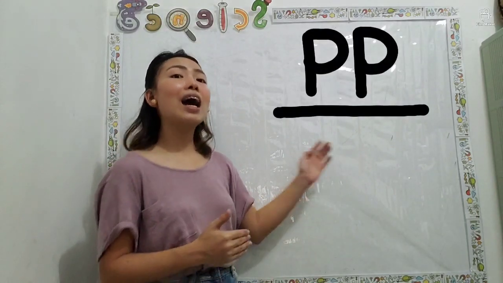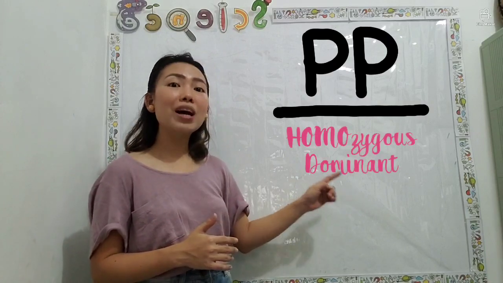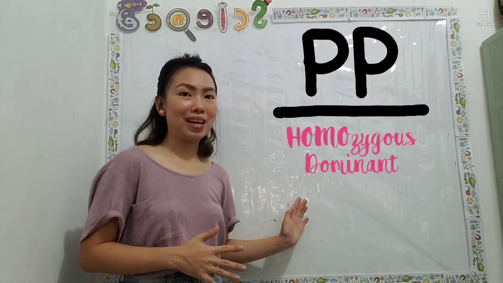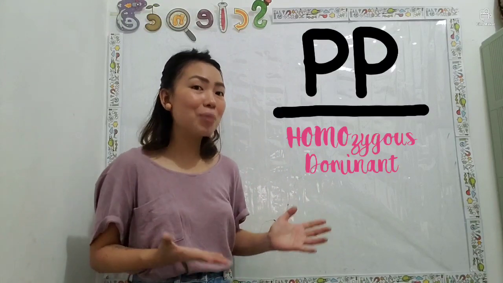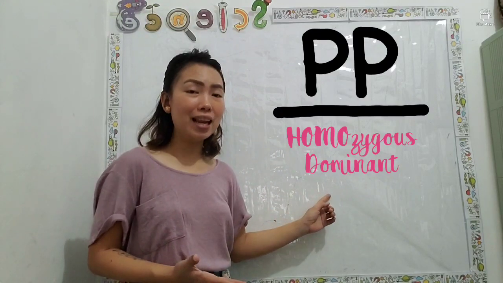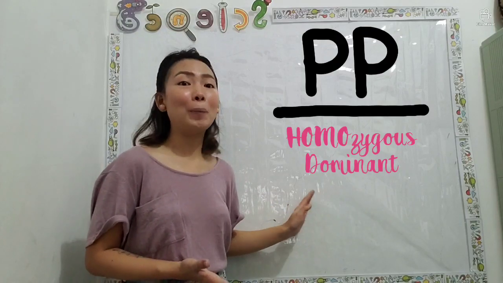Then, if your letters is of the same letter, for example, dalawang capital letters, then we name it as homozygous dominant. From the word homo means the same, we produce the same letter of both capital, then we name it as homozygous dominant.